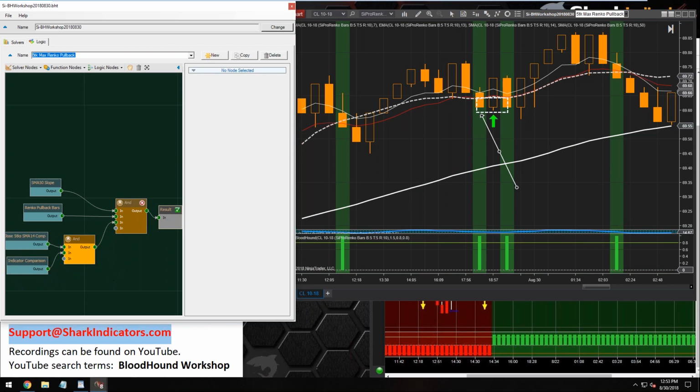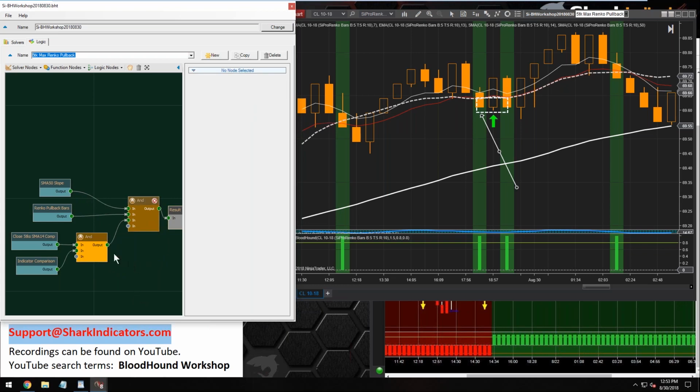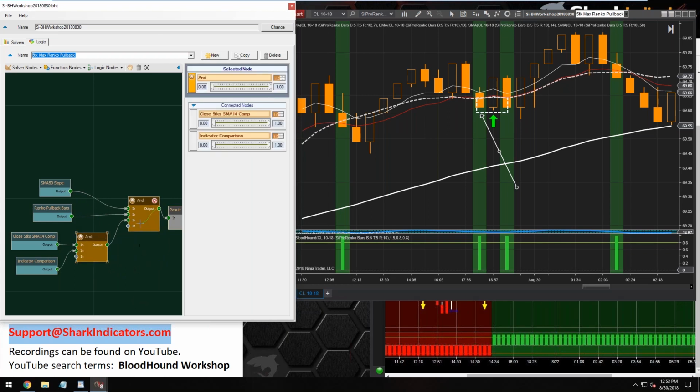You don't need to have 2 AND nodes in this situation. Whenever you have one AND node going into another, it's basically the same as having one AND node. So all 4 solvers could be connected into the same AND node.